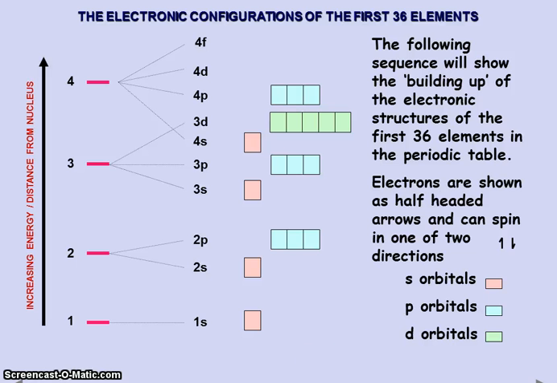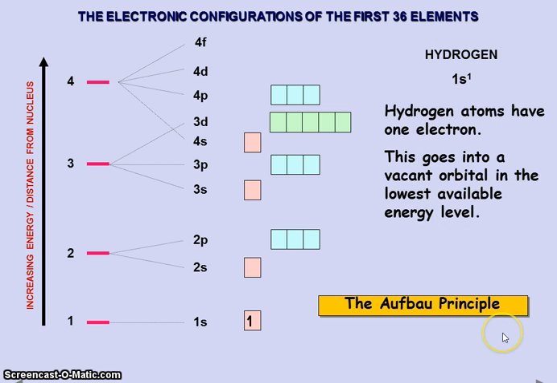The way we represent our electrons using this box filling method is to use arrows. Typically it's half-headed arrows like these ones here, and we represent the opposite spin by having an upwards pointing arrow and a downwards pointing arrow. We've got the colour coding here: pink for the s orbitals, lime green for the p, and a slightly darker green for the d.